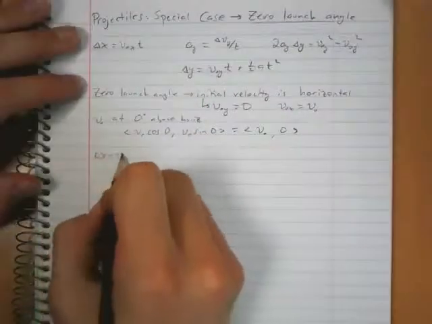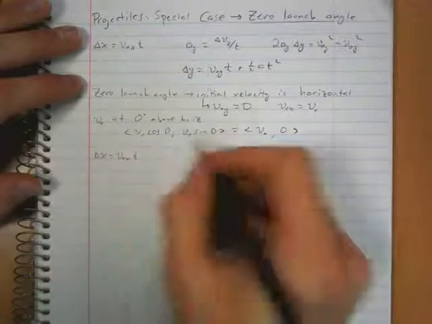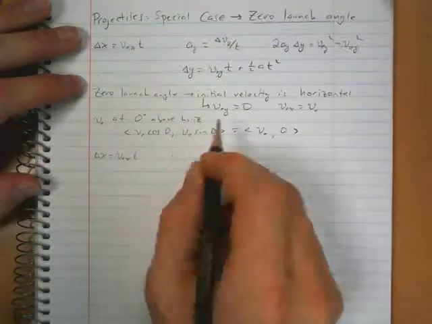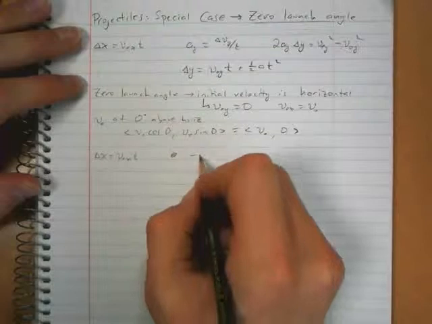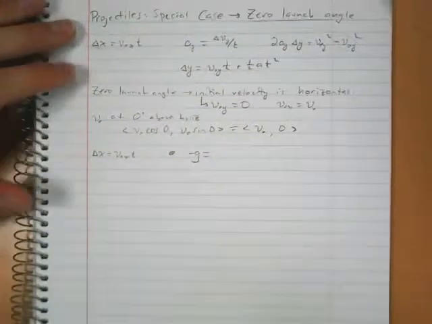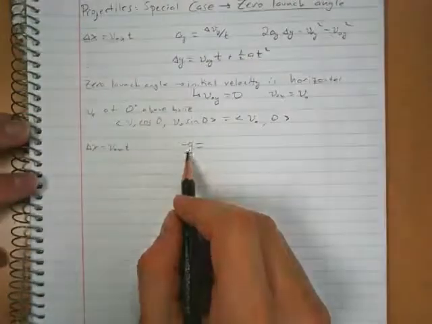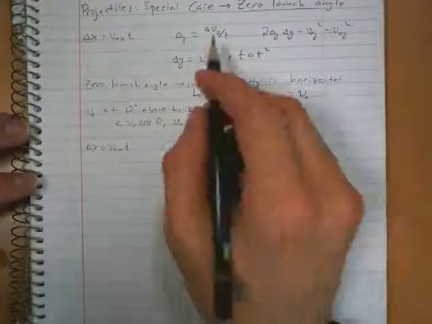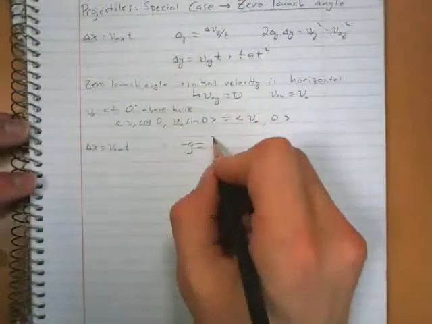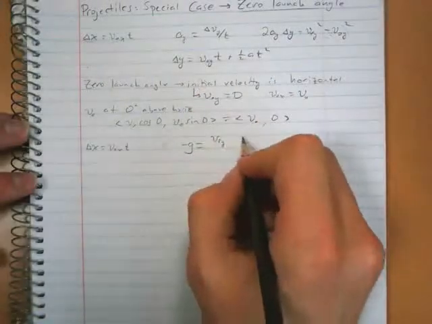But with this simpler case, our x component is still the same. In the y direction, our acceleration is g downward. I'm going to be using the convention that down is negative and up is positive. So that's a downward 9.8 meters per second squared. And delta v is v final y minus the initial y, which is 0.